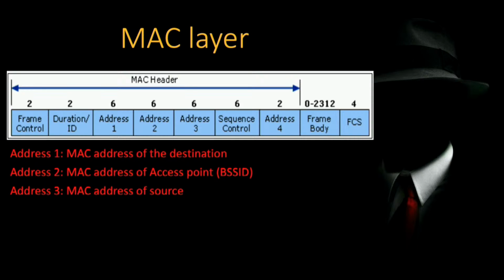If the access point itself is sending me a frame, then I am the destination MAC address. Address 2 is the MAC address of the BSSID itself. We will see this a lot because they might change. Address 2 will become address 1 and address 1 become address 2 based on who is sending to whom. Address 3 is the MAC address of the source.